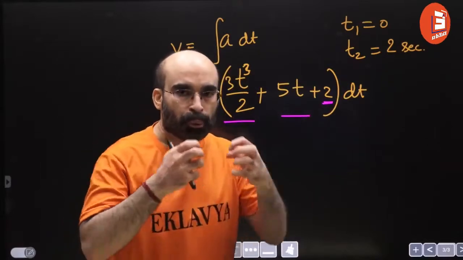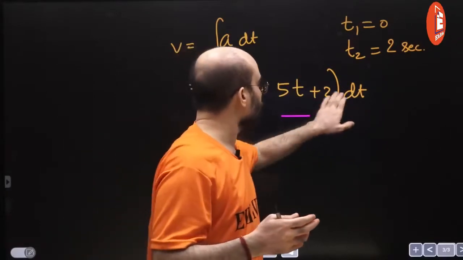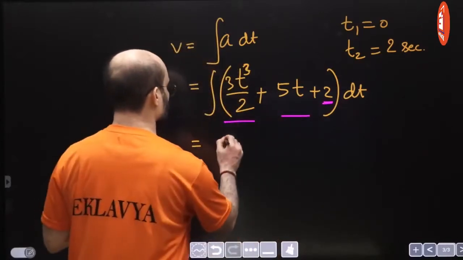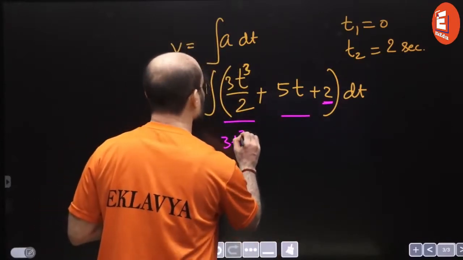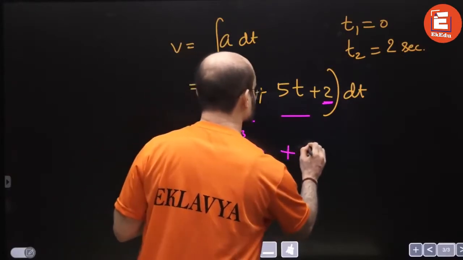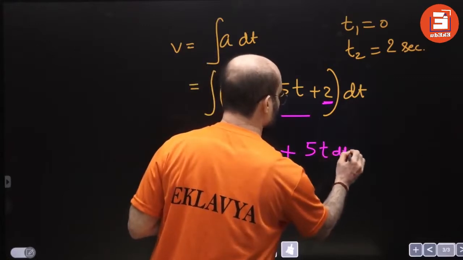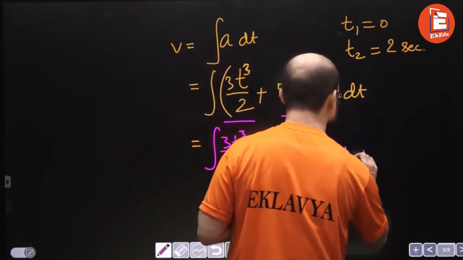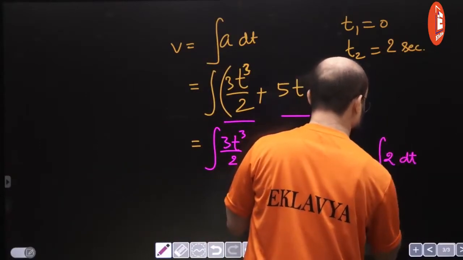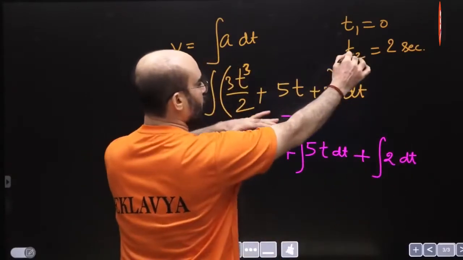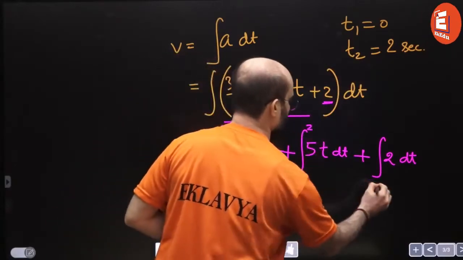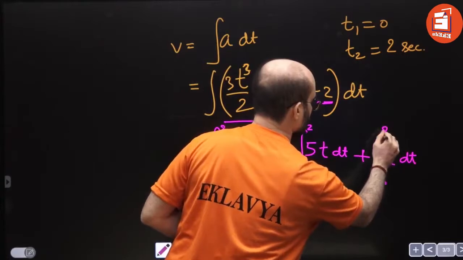So we will individually find out the integration of each: the integration of 3 t cube by 2 into dt, plus the integration of 5t into dt, plus the integration of 2 dt, and all have the limits 0 to 2.